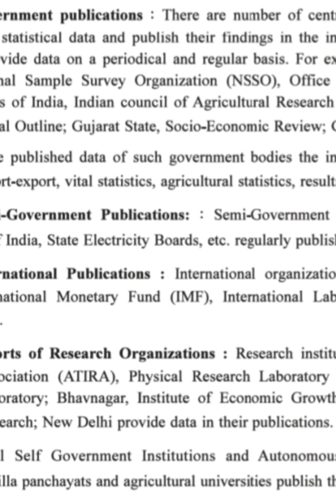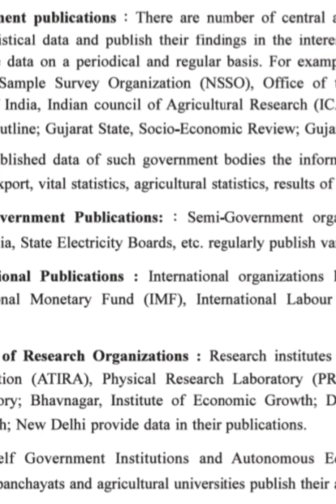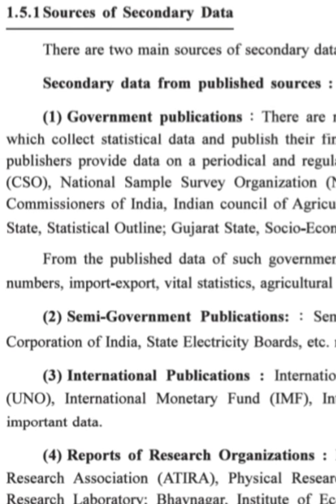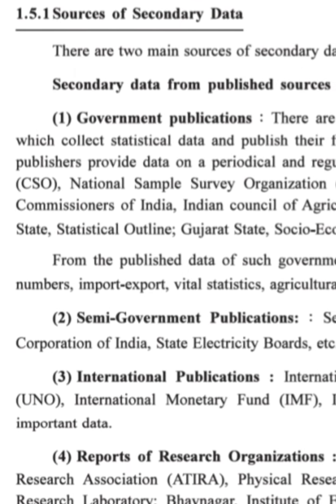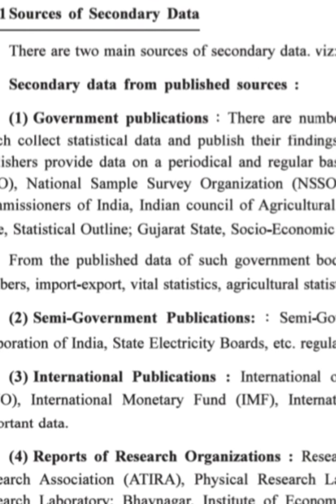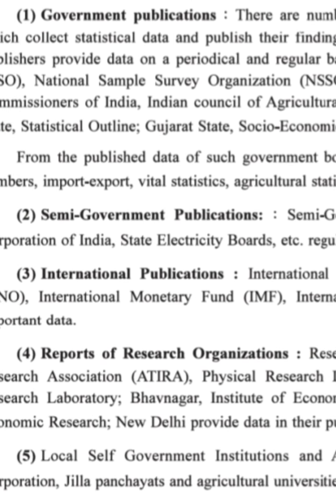All these bodies are situated in different parts of the country, and these are research organizations whose reports we use as a source of secondary data. So these are the secondary data from published sources.